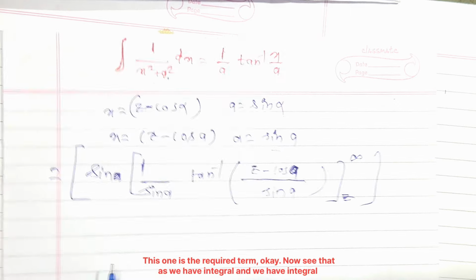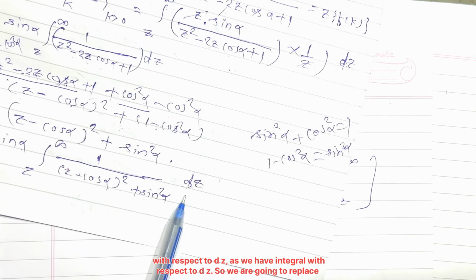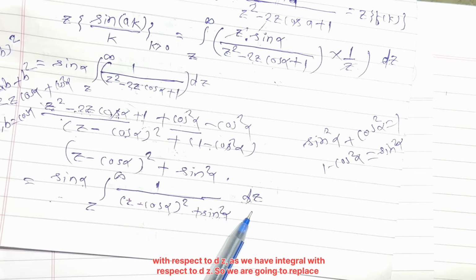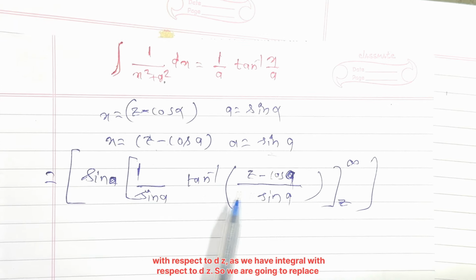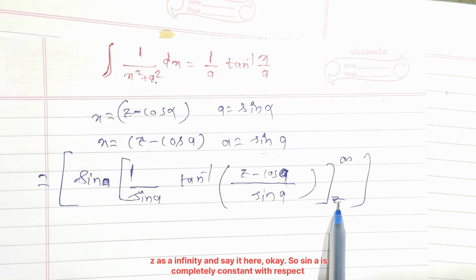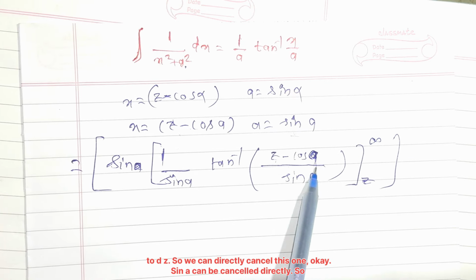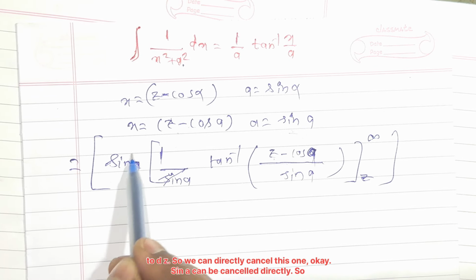Now see that as we have integral with respect to dz, so we are going to replace z as infinity and z here. Sine a is completely constant with respect to dz, so we can directly cancel this one.